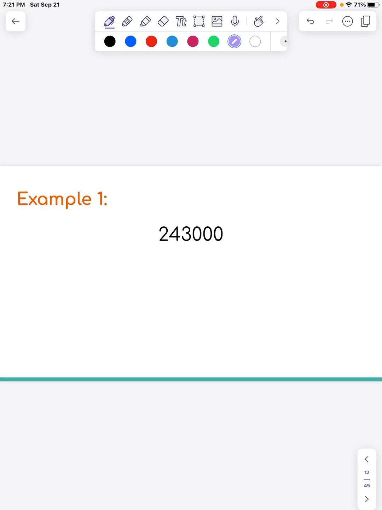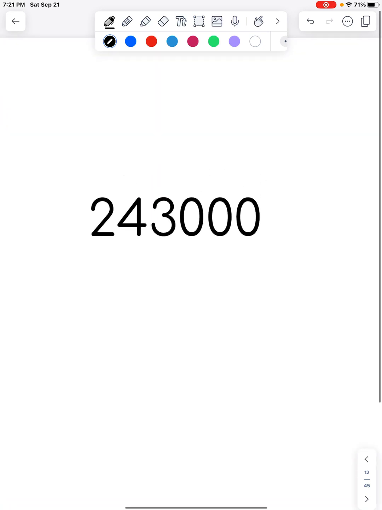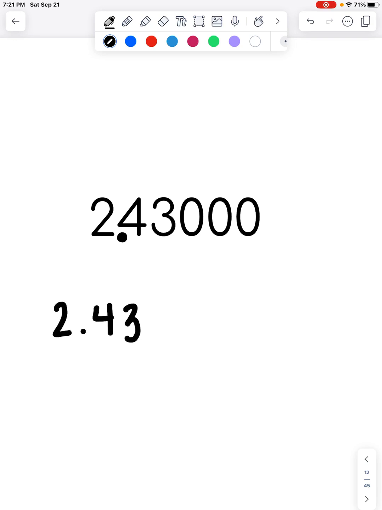So something like 243,000. My first digit is 2, and that is not 0. So I can go ahead and place my decimal. So 2.43 will be my factor. Remember, I said we're going to include all numbers until we only have zeros left.